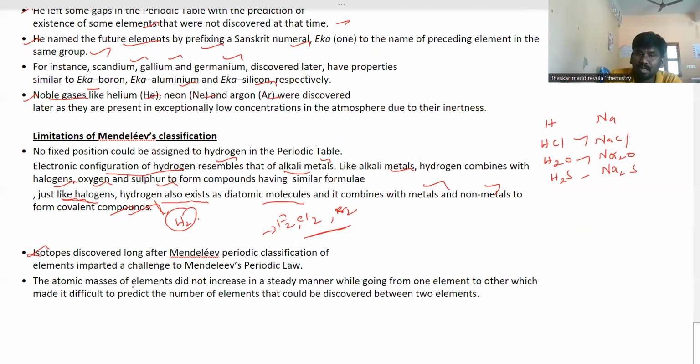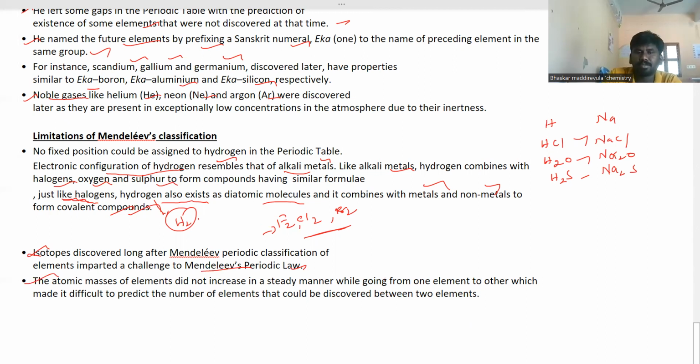These isotopes were unable to fit in Mendeleev's periodic table, which made a challenge to it. And one more thing, the atomic mass of elements did not increase in a steady manner while going from one element to another.